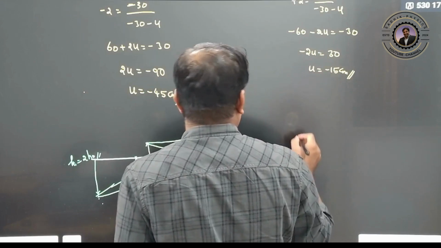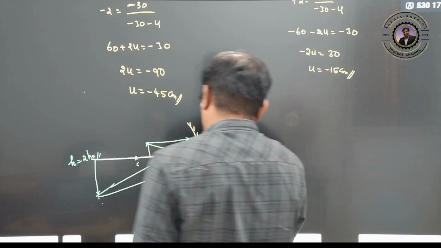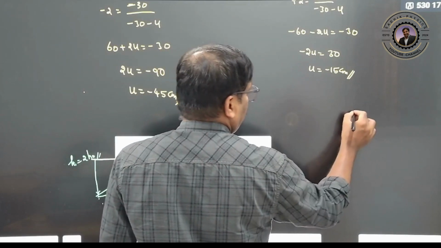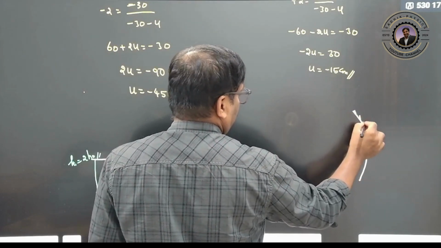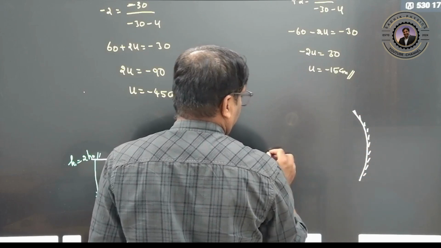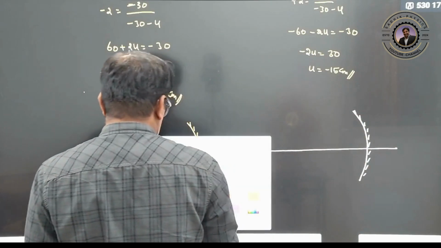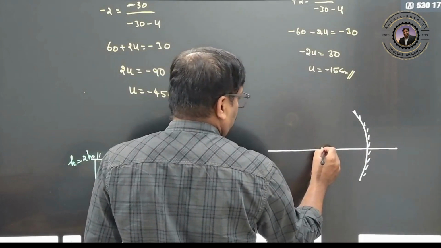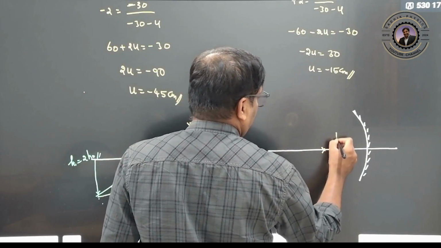So here this is for the virtual image. Right? Here you have to keep the focus, and here the object.